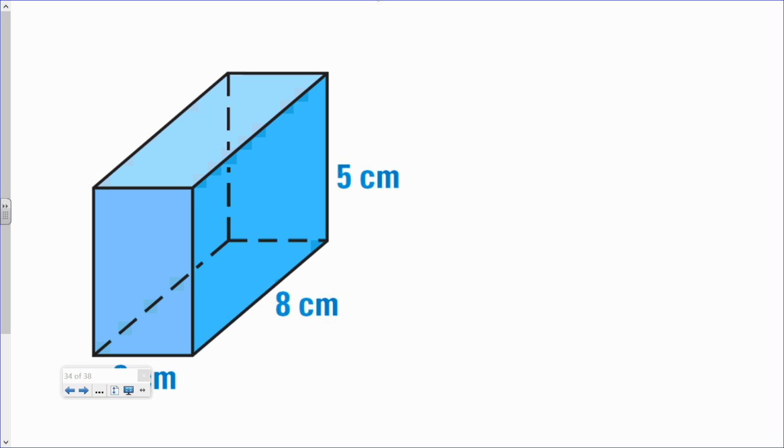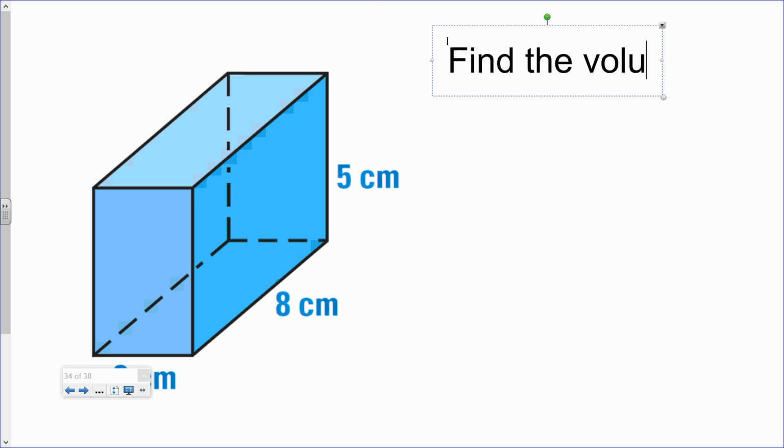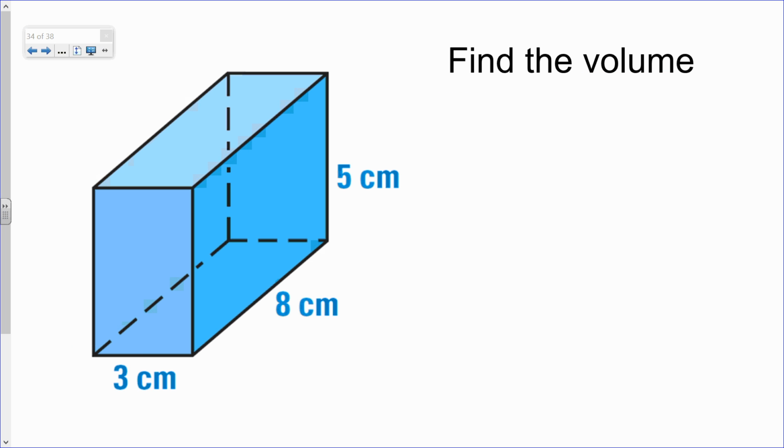All right, so let's find the volume here. Okay, does everyone have their formula tables out? Get your formula table out. Let's find the volume.